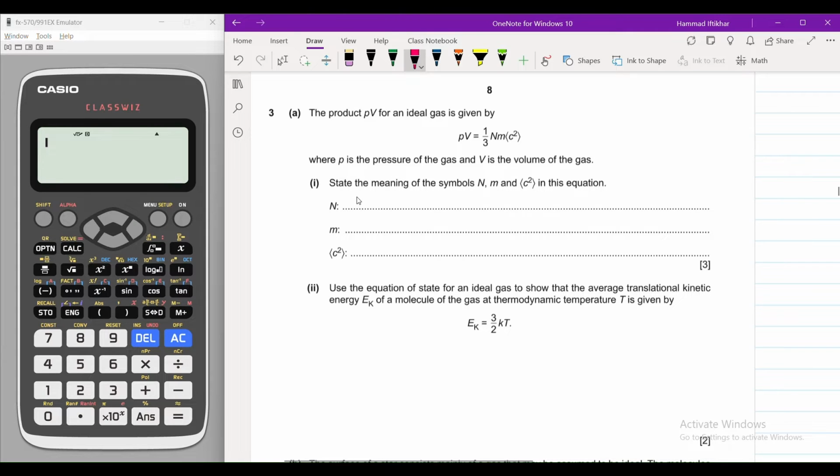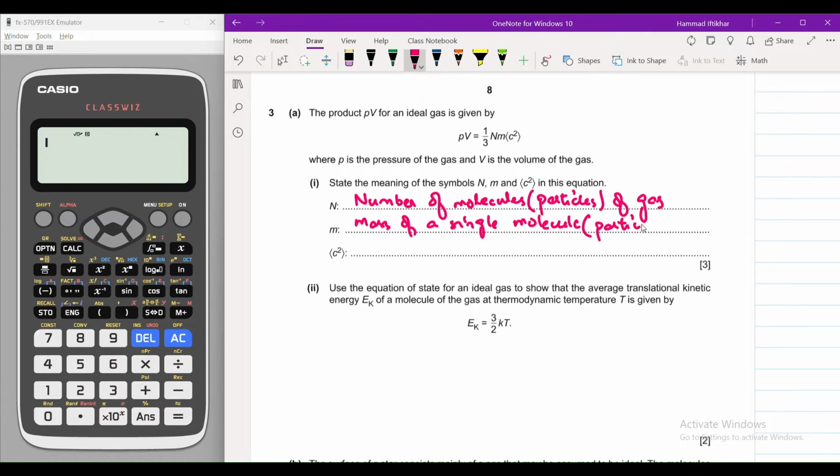N is basically just the number of molecules or particles of the gas. m is the mass of one particle or one molecule, whichever one you want to use. c squared is the mean squared speed of particles or molecules.